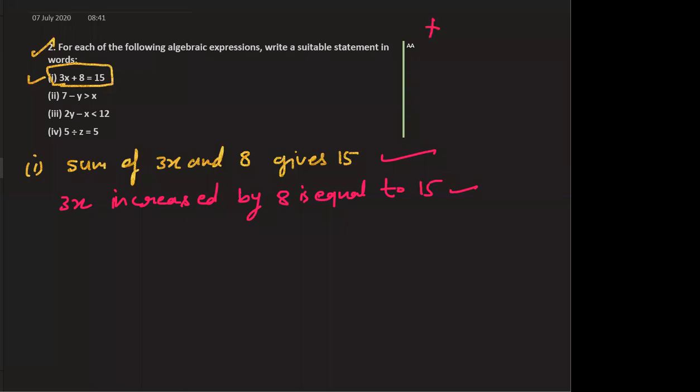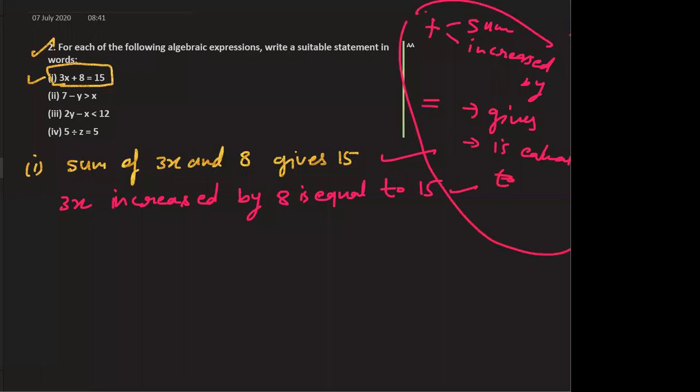We can write plus sign like sum, or also increased by. And the sign of equal should be written as gives or is equal to. In this way we have to write the signs, then only we will be able to write the statements.